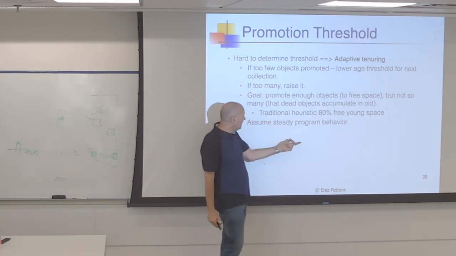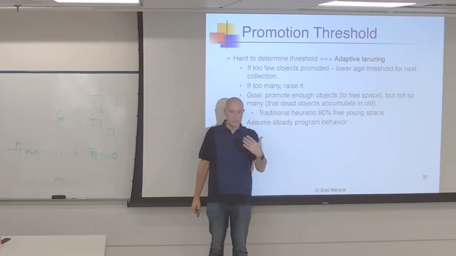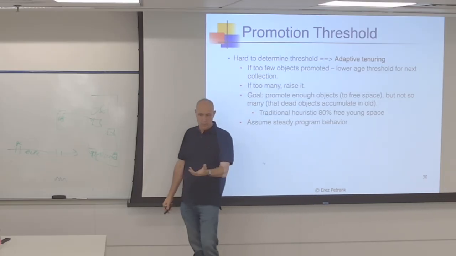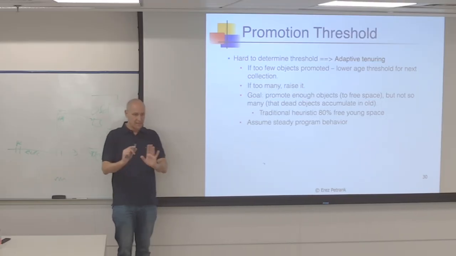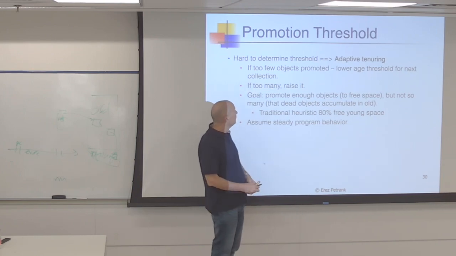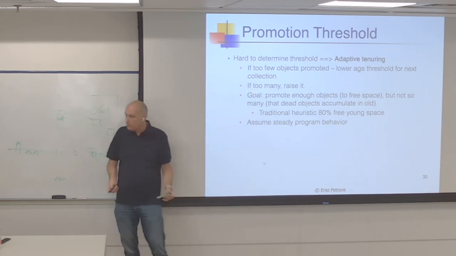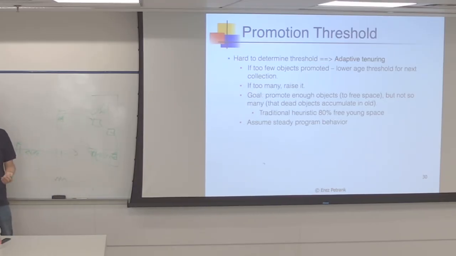And hopefully, the program behavior is steady, and therefore this adaptive tenuring will work, and eventually I will get to a stage where I have the right parameters tuned. So this is the way to go if you do not want to determine ahead of time all these parameters.